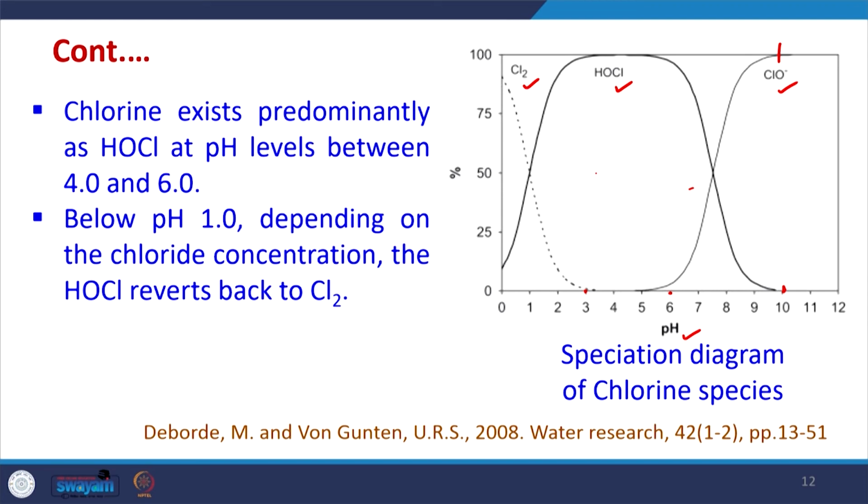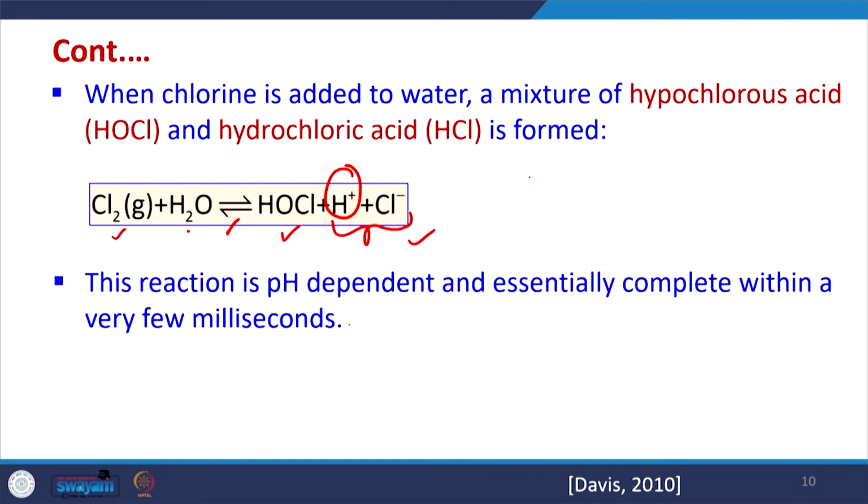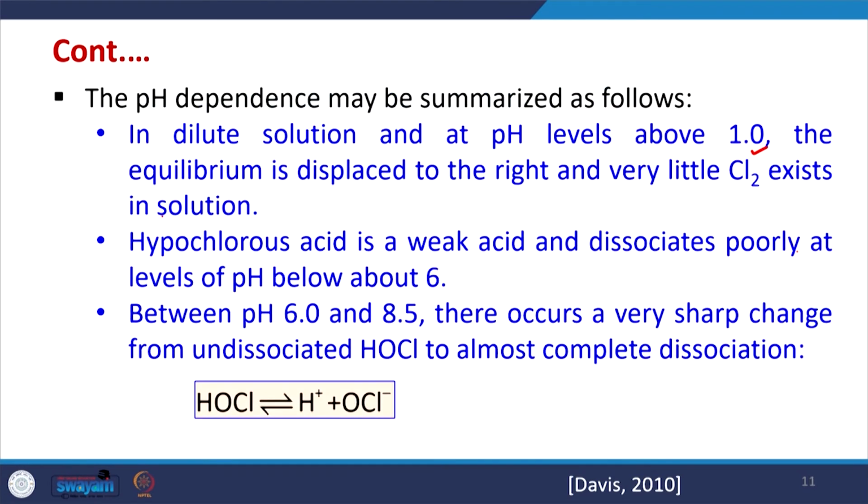Now, we will try to understand this more. In dilute solution and at pH levels above 1, the equilibrium is displaced to the right in this particular equation, and very little Cl2 exists in the solution.